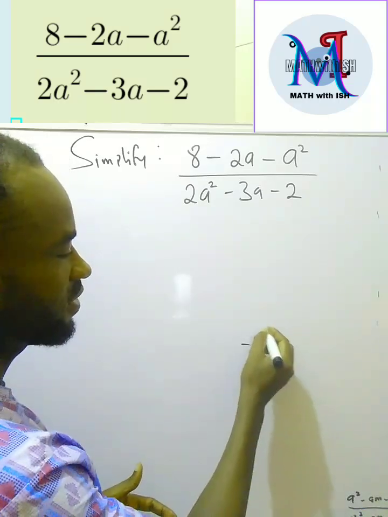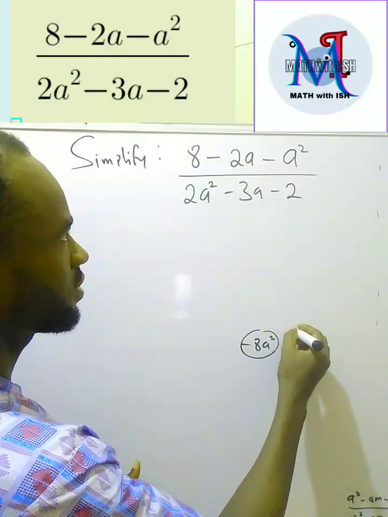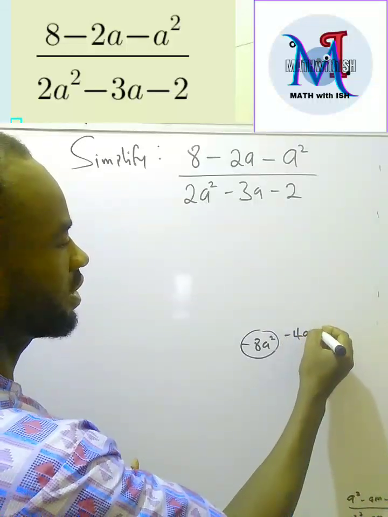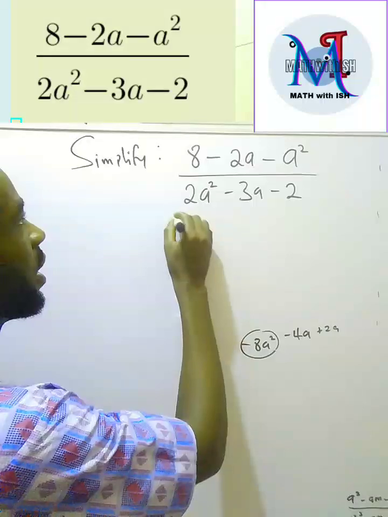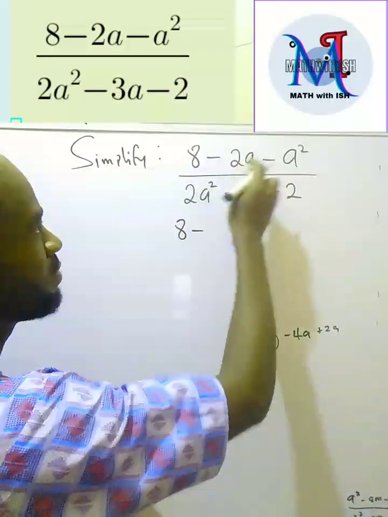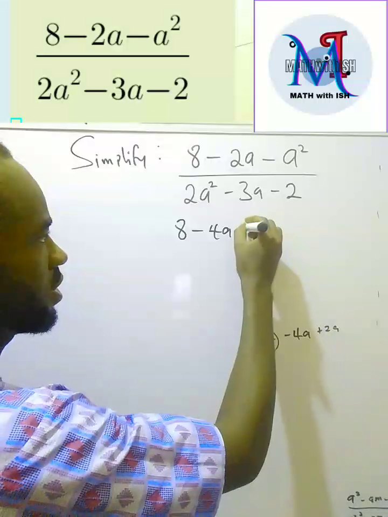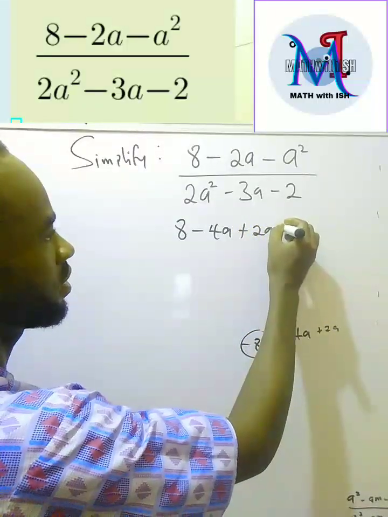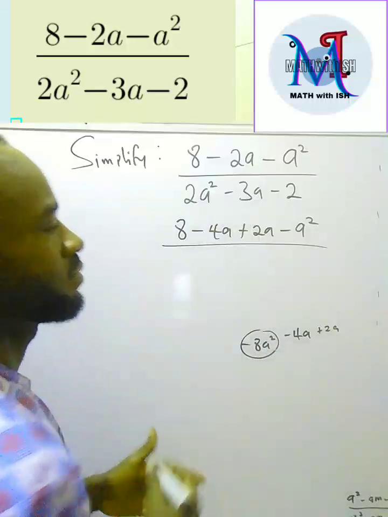The two factors will be minus 4a and plus 2a. So I'm going to replace this minus 2a by those two factors, minus 4a plus 2a. I'm only replacing the middle term.